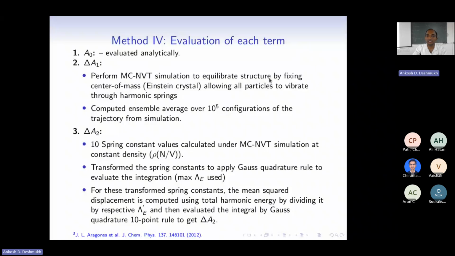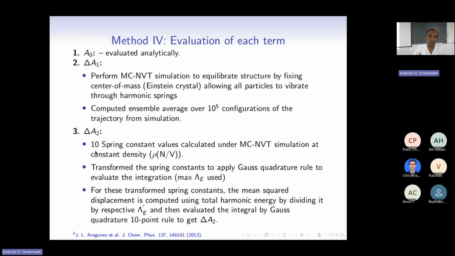From which we equilibrate by fixing the center of mass, that is the Einstein crystal, which allows our particles to vibrate through a harmonic spring constant, and it is computed as an ensemble average. I have computed over 10 raised to 5 configurations, and out of that, the last 1 lakh I have averaged to get the proper exact value.